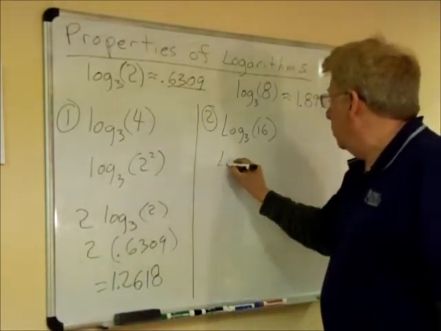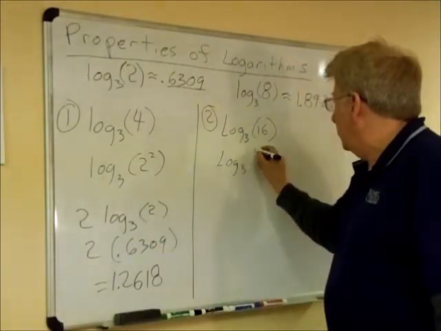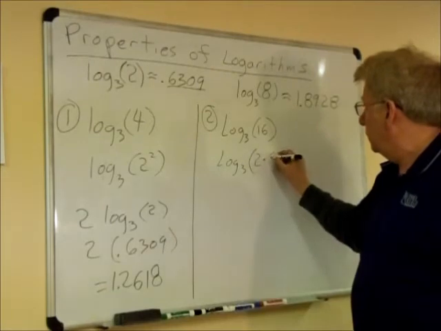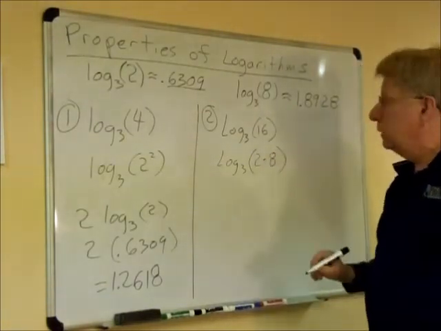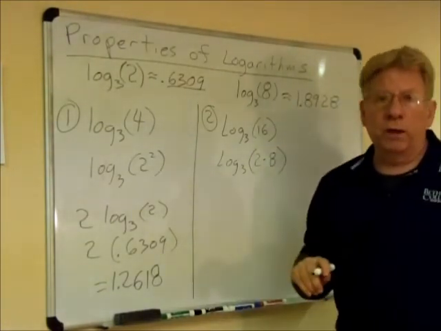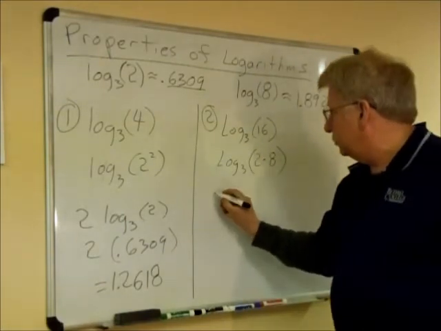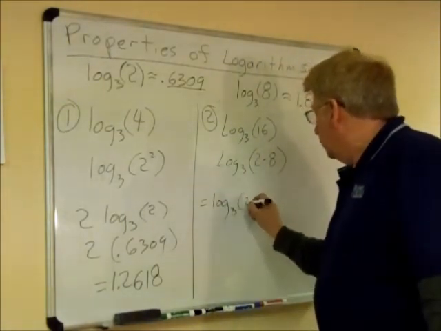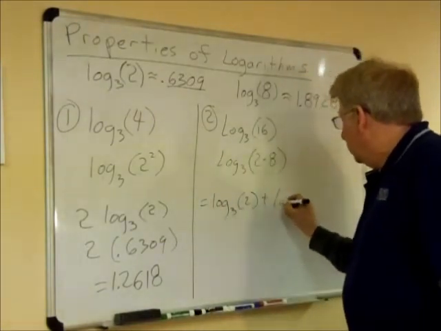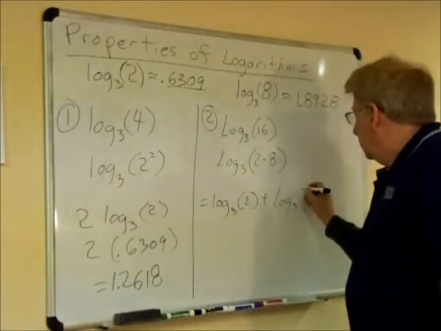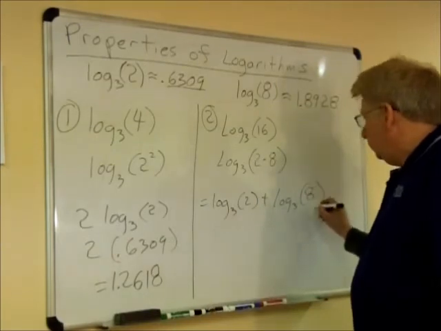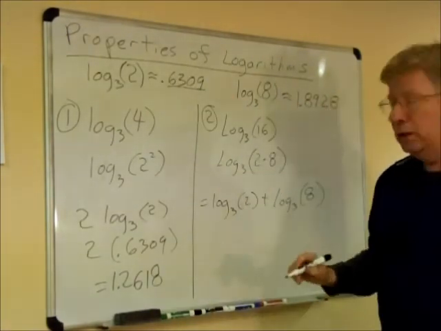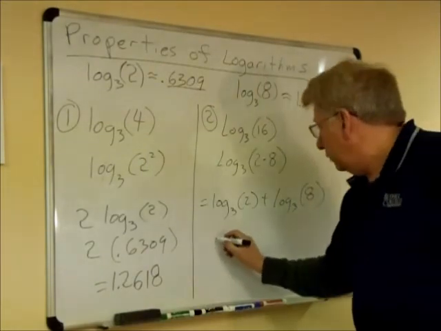So we'll say it's the log to the base 3 of the product of two values, 2 times 8. Now we had a product property which said that you can add the two. Log of 2 plus log of 8. And remember, they gave us log of 2 is this, log of 8 is that. So I can just add the two values.